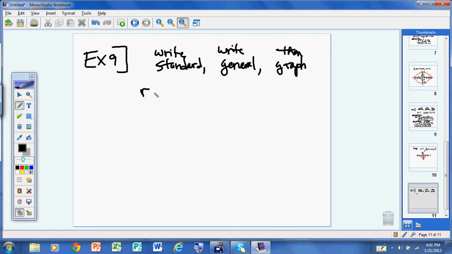Okay, the information they gave us was the radius is equal to 5 and the HK is worth 3, -4.